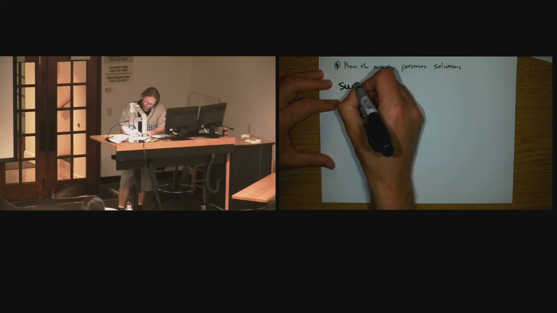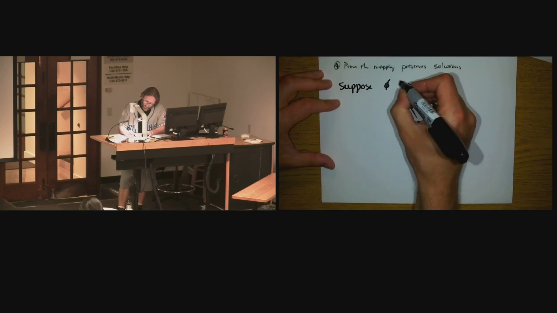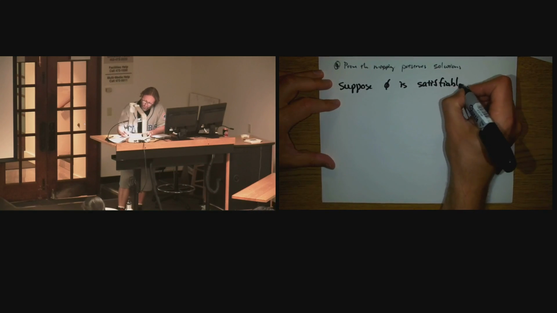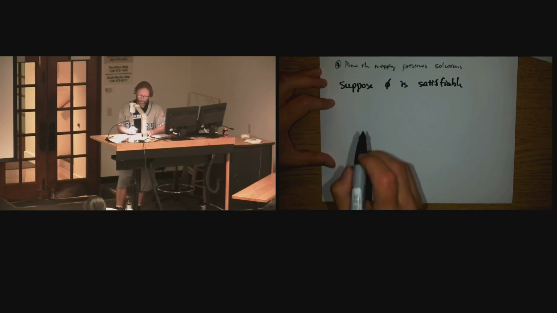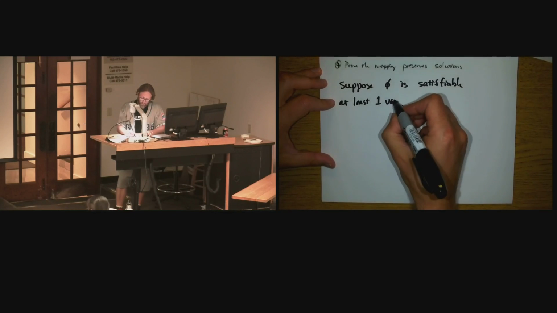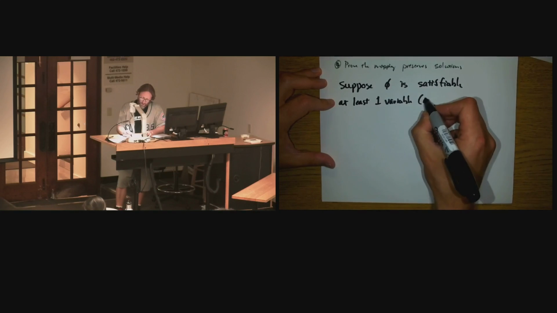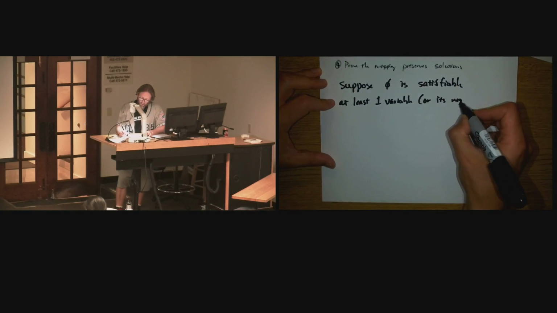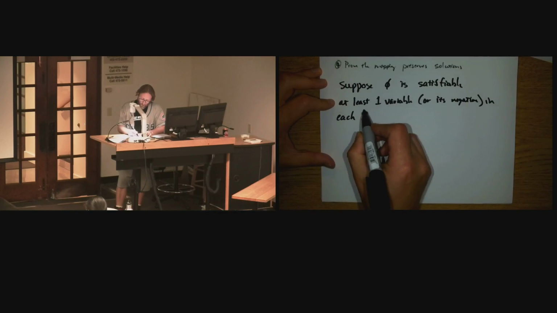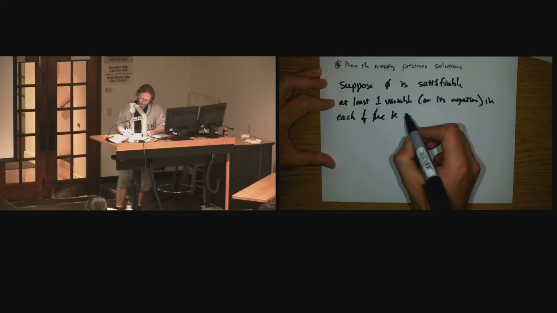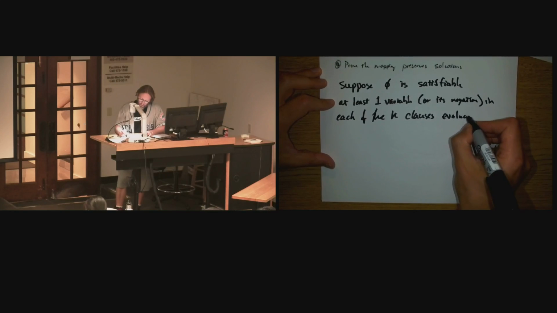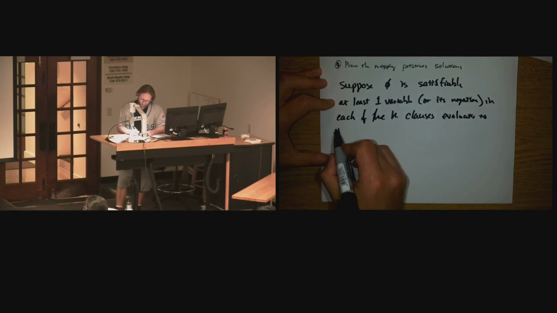Suppose phi is satisfiable, right? If phi is satisfiable, then at least one variable or its negation in each clause, each of the k clauses, evaluates to true.